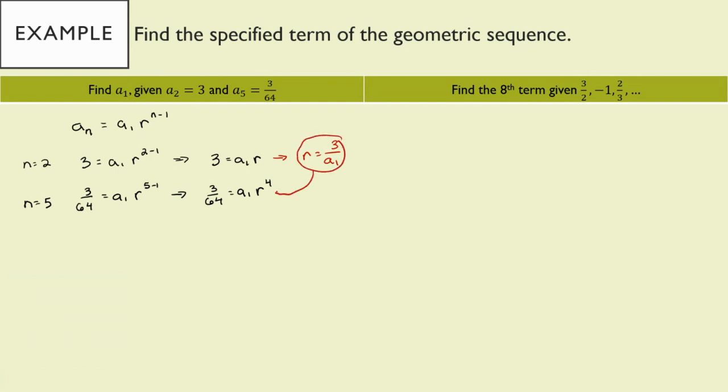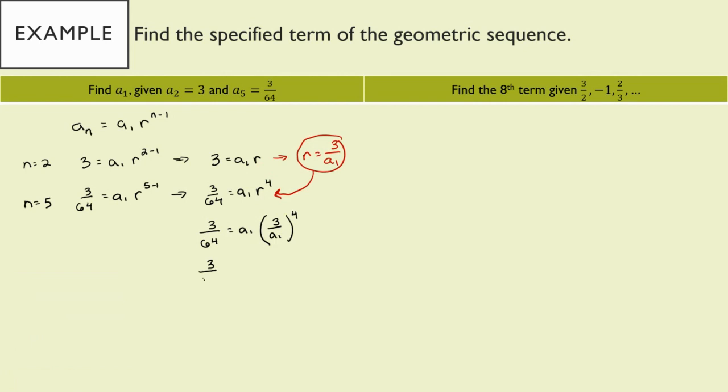I can plug that in for R here, and that will give me just one variable to solve for. So I have 3/64 equals A1 times 3/A1 to the 4th power.